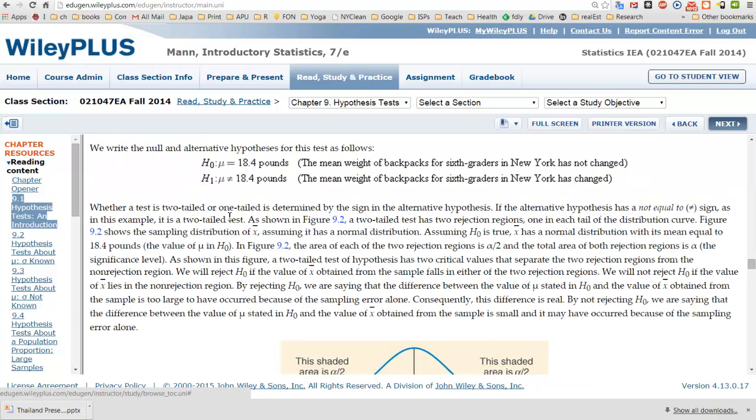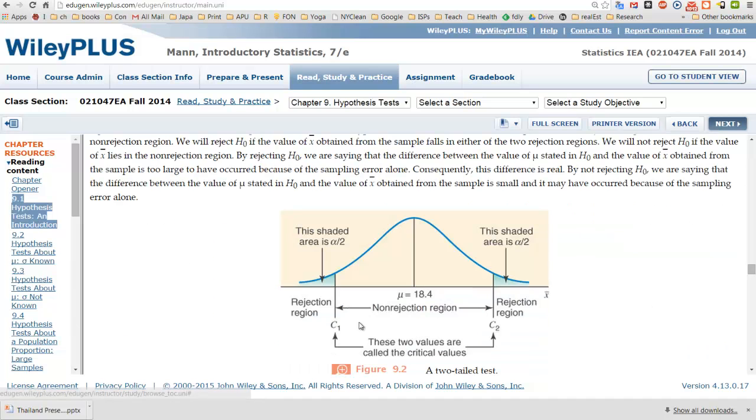Now here in our text they go into the details about whether this should be a one-tailed test or a two-tailed test. We already talked about that, and this is a two-tailed test, so I won't go through that again. So this is the picture of the situation. The null hypothesis is the picture that we assume is true. That is, we say that the mean is at 18.4.